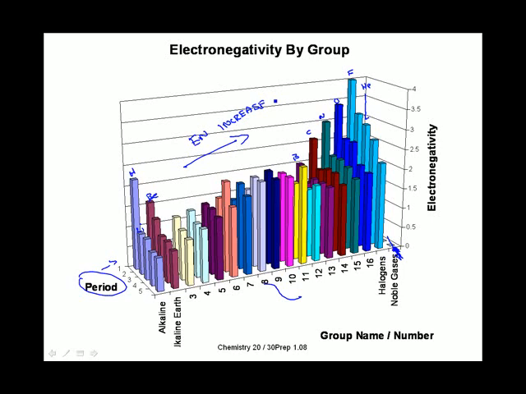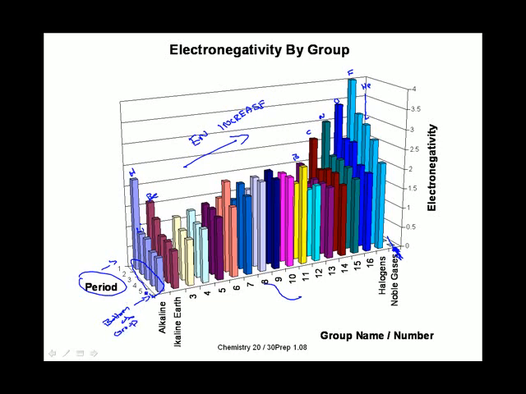As you go through a period. When you look at groups, and we'll just look at the group 1s here, the atom with the lowest electronegativity in group 1 is at the bottom. It's francium.